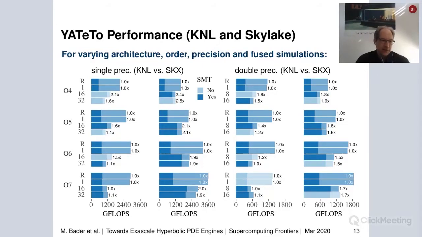That is if you are doing fused simulations, so you are running 16 simulations at a time. This offers you additional optimization opportunities that you don't have so much for a single simulation, and so you're getting higher performance for the runs. Also, you see that the code generator supports both single precision and double precision.